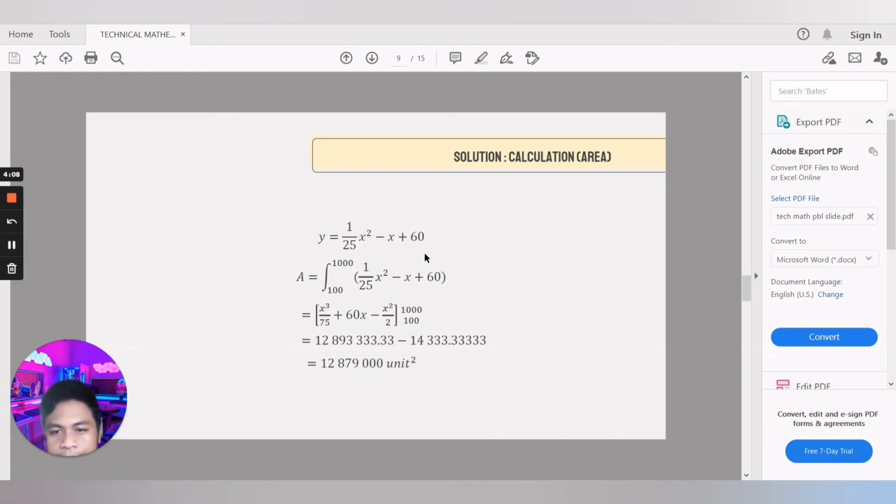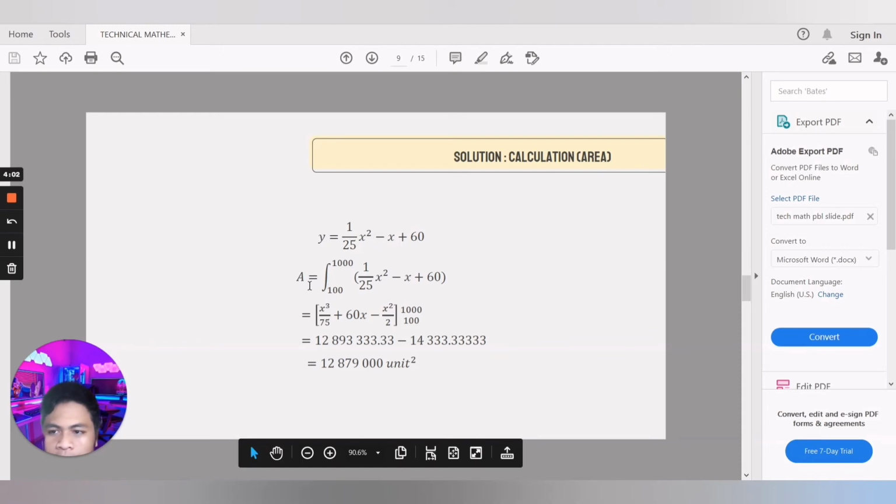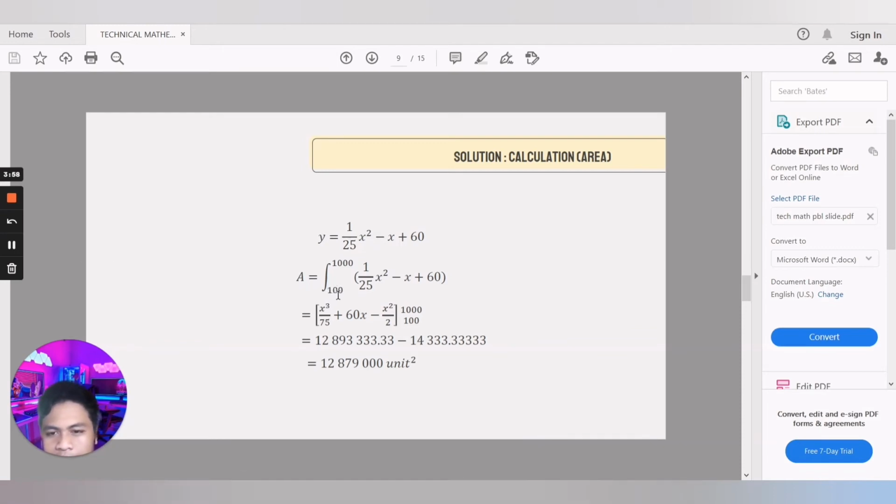Then the idea is by using the same y, which is 1/25 x² - x + 60, we put it in the integral formula, which is the integral from 100 to 1000 of (1/25 x² - x + 60).